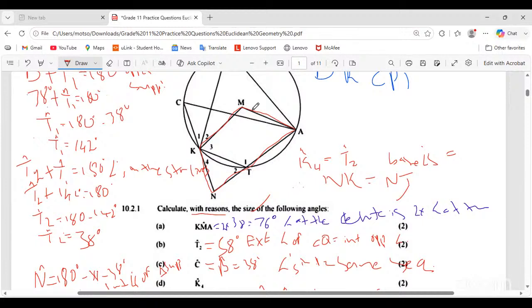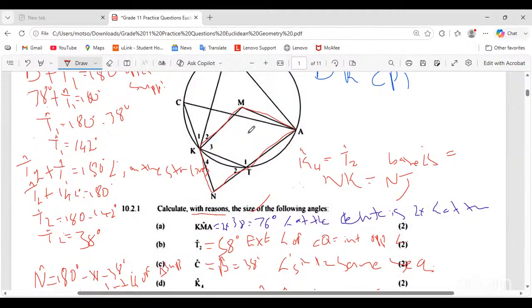I don't win because 104 plus 38 is not 180 degrees. It is 142. Now we need to try another approach.